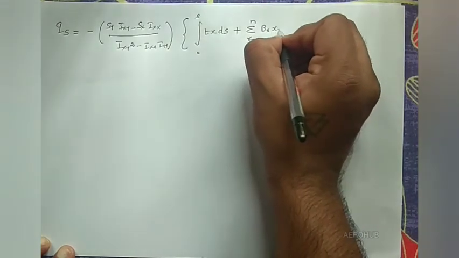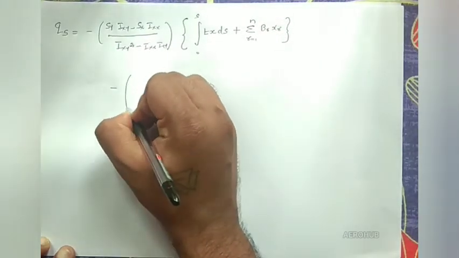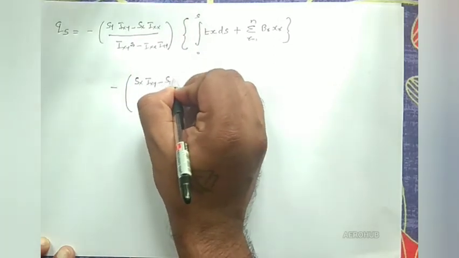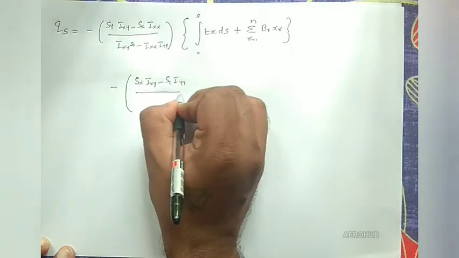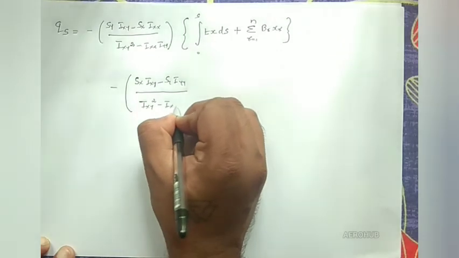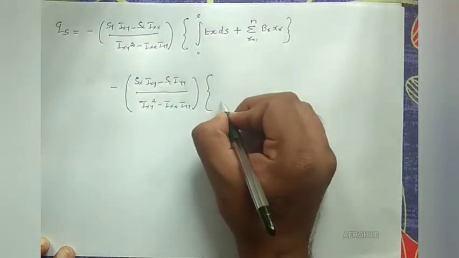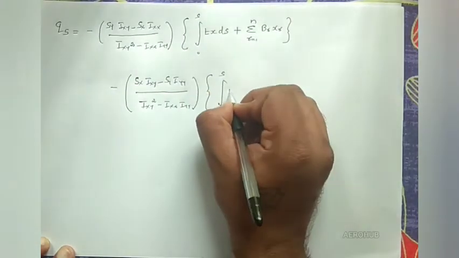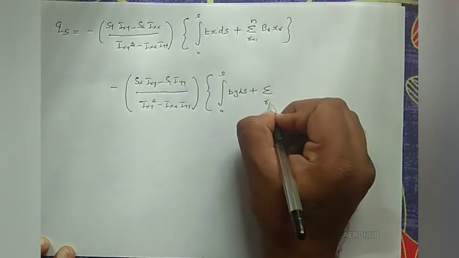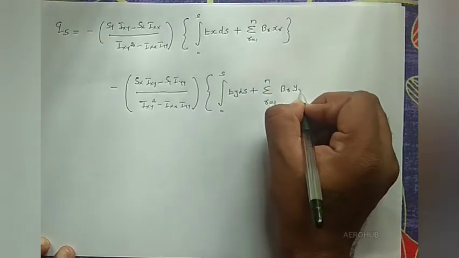Minus again (Sx Ixy − Sy Iyy) divided by Ixy² − IxxIyy, into integral 0 to s of t y ds, plus the boom area section, summation r equals 1 to n of BR YR.